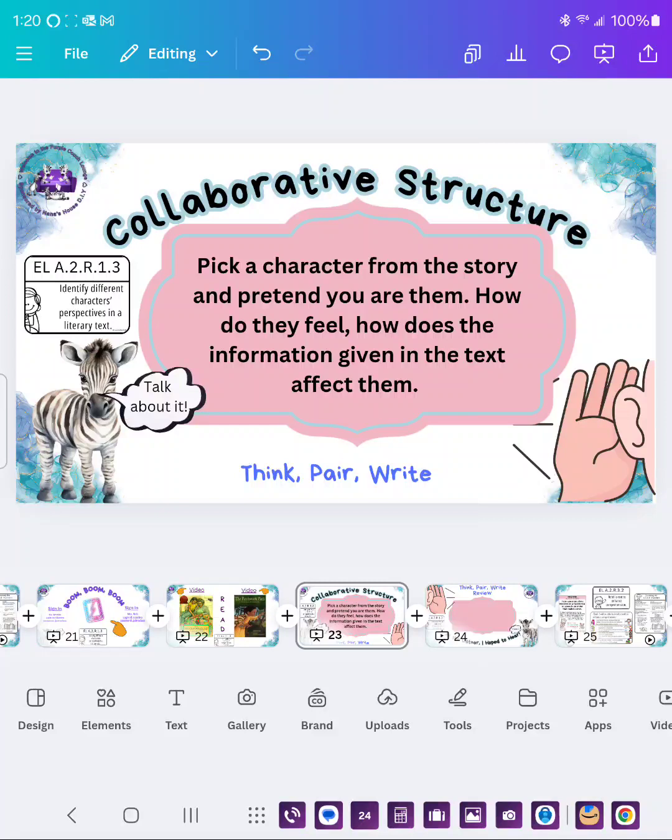ELA.2R.1.3 is such an important standard because depending on the character, you can have all different types of outlooks. I want to talk to you about something. If you get in an argument with your best friend, and I walk up and I say, "Hey, honey, what's wrong?"